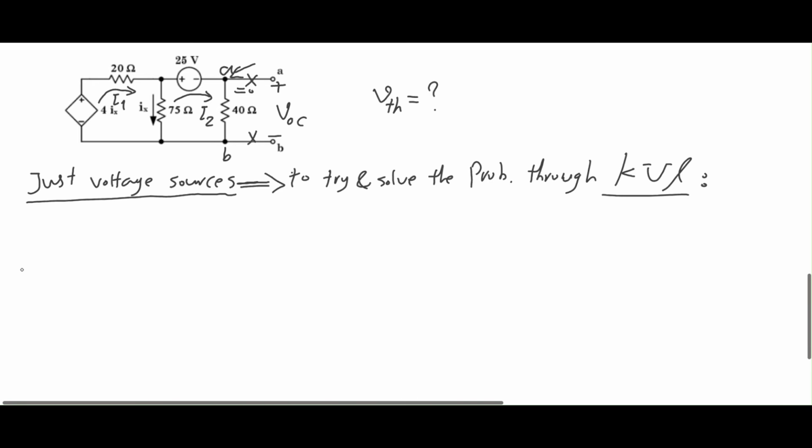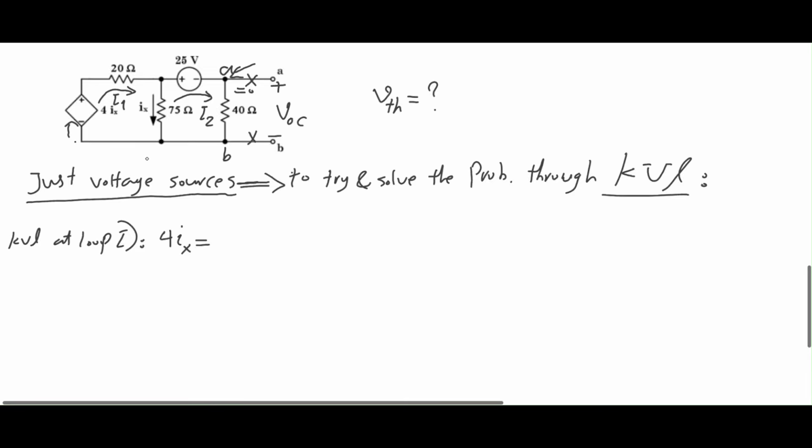Okay, so let's try to find KVL at loop 1. So I have I1, so I start from this point and I start moving. I see minus 4 times Ix, or I can say 4 times Ix is my voltage source. So I'm going to just keep it at the left side of the equation, because this is definitely my source.